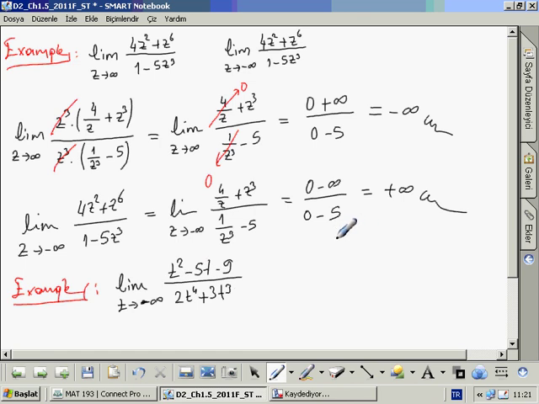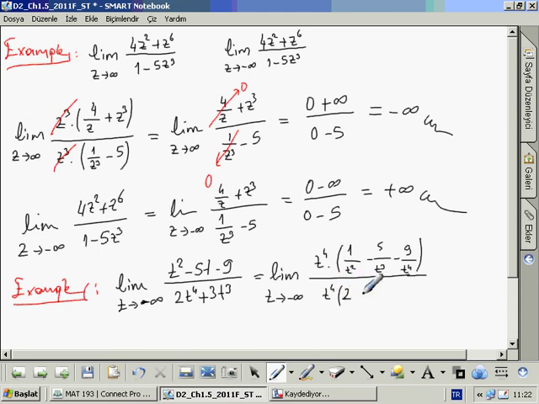In this case it looks like we will factor a t to the power of 4 out of both the numerator and denominator, and doing this will give us the limit as t goes to minus infinity of t to the power of 4 times 1 over t squared minus 5 over t cubed and minus 9 over t to the power of 4, and in the denominator t to the power of 4 times 2 plus 3 over t.